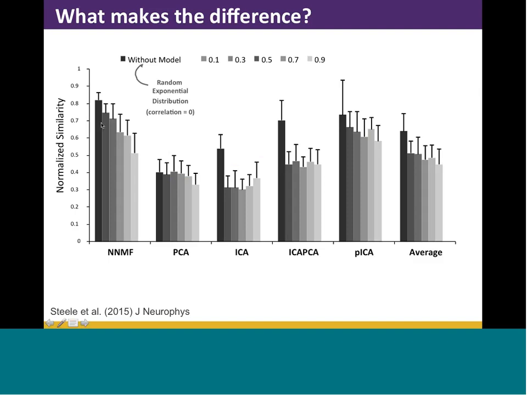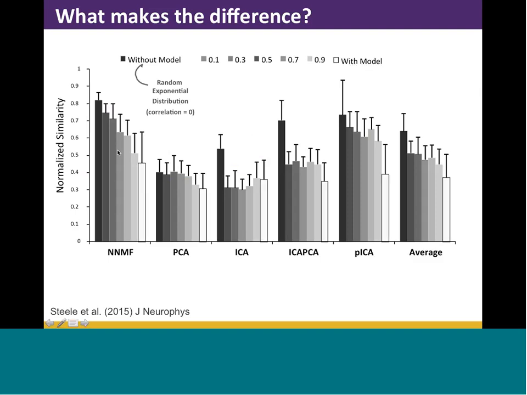And similarly with non-negative matrix factorization, these underlying independent components that we're trying to identify, we see a decrease with increasing correlation. And you can also see that this compares, although it doesn't fully explain, the load normalized similarity that we had with our biomechanical model.